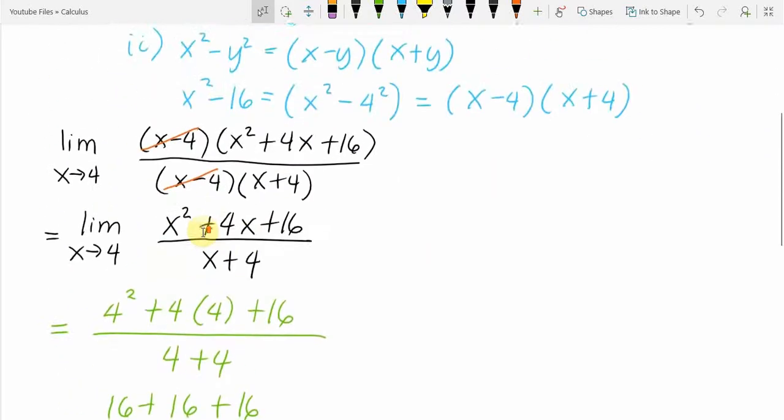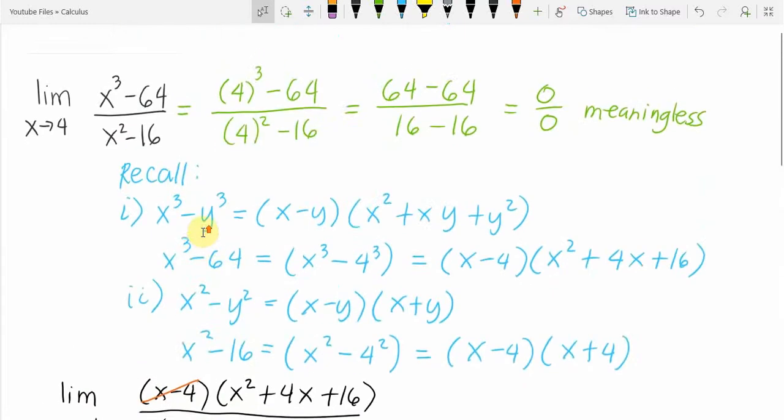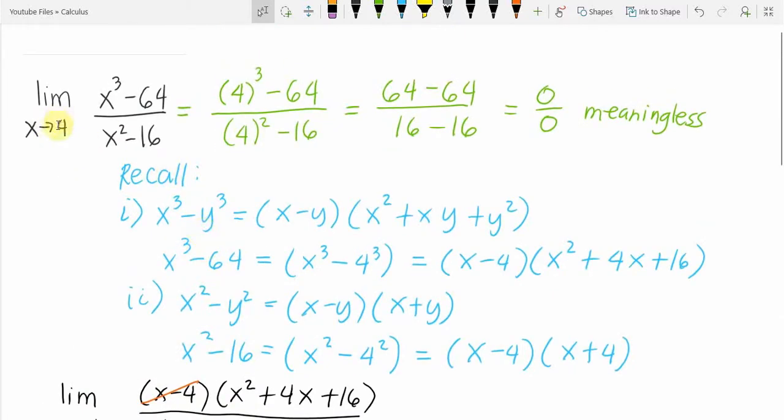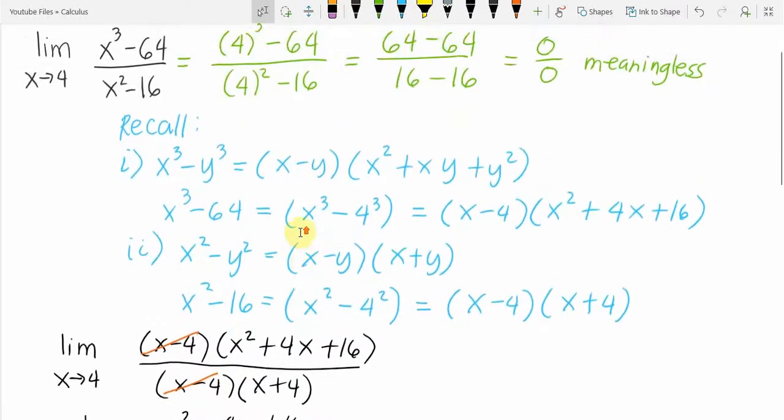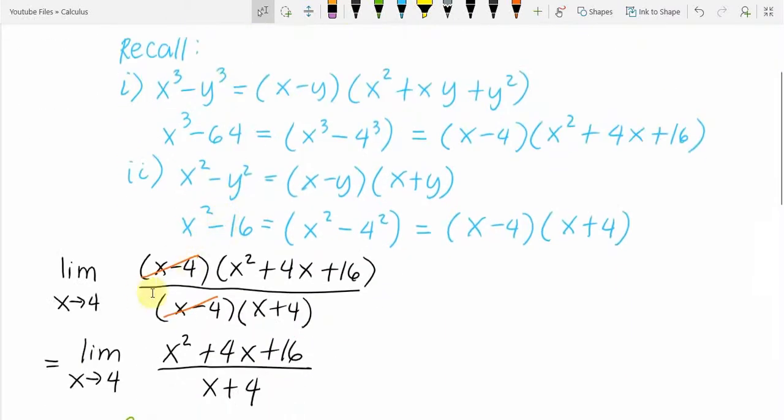Okay, what have we learned here? We learned that when direct substitution makes the expression meaningless, we need to do something such as factoring in order to eliminate something that is making the expression meaningless.